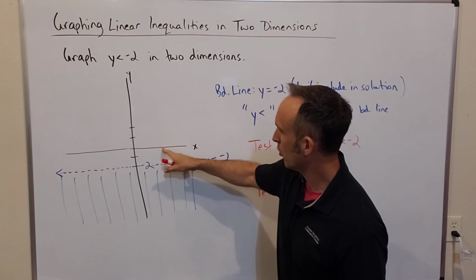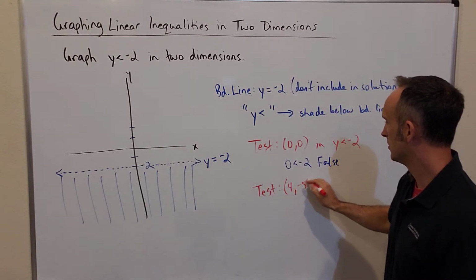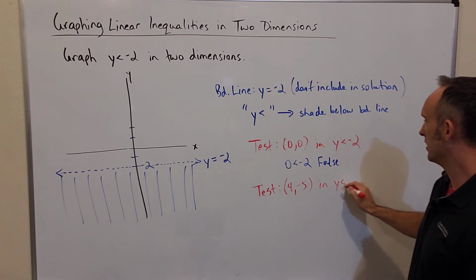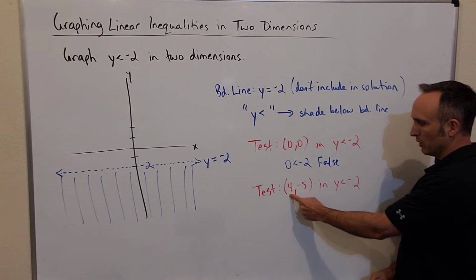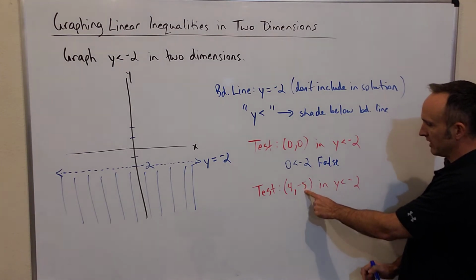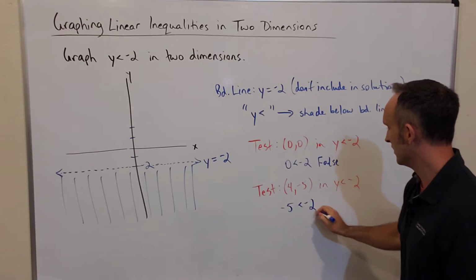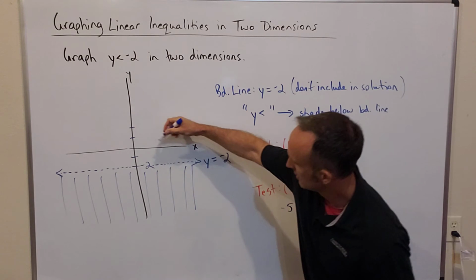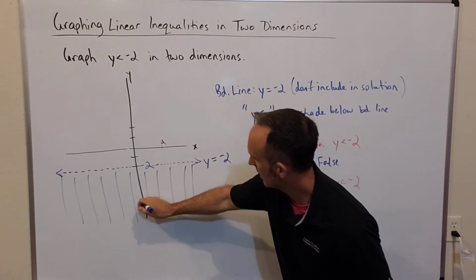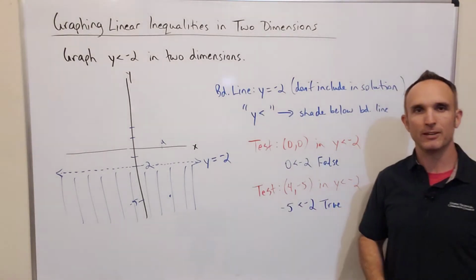let's try maybe 4, -5. That would be a point that's shaded in our inequality. Then, well, there's no x again, so I don't really plug the 4 in anywhere. I just plug the -5 in for y, and I get -5 is less than -2. That's true. And it should be because that point is down here in our shaded half plane, okay?